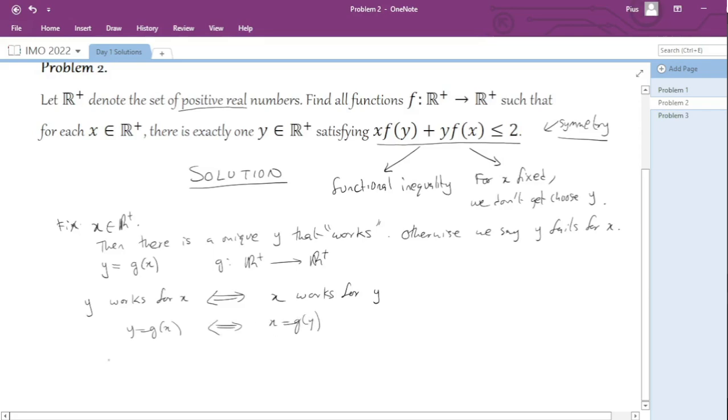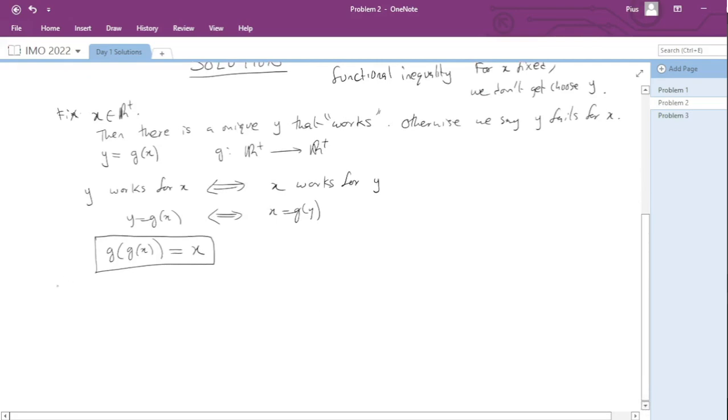So in terms of g, if y is g of x, then x is g of y. And so g is an involution, meaning that if we apply g twice, we get back the identity. So this means it's particularly injective and surjective as well.